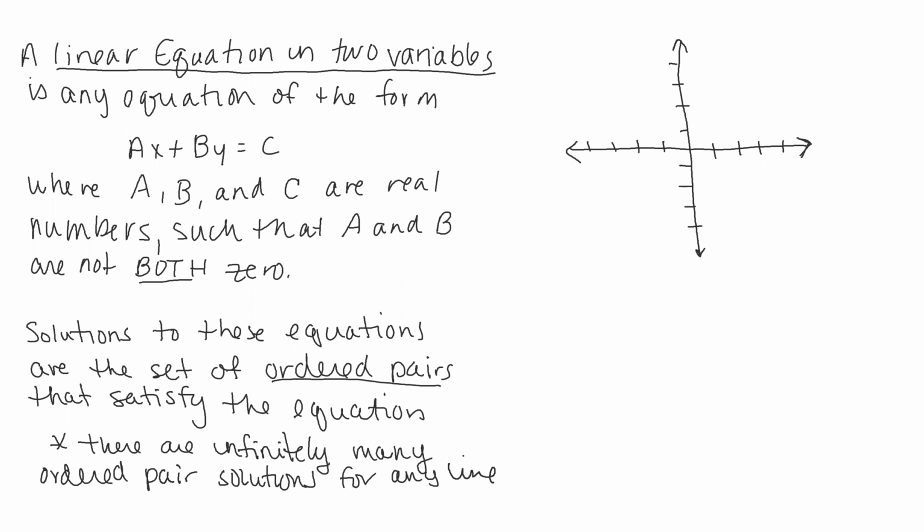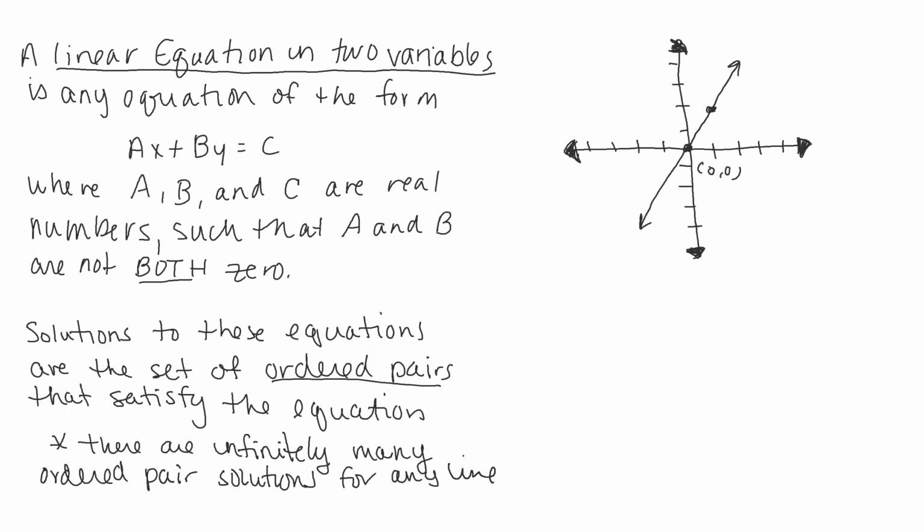But these arrows right here indicate that this really goes on forever. We're just getting like a little snapshot of the Cartesian plane. Okay. So let's say I have a line and it's going to go through these points right here. So I can see the line goes through the origin.